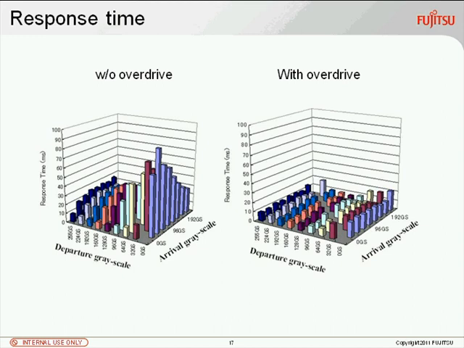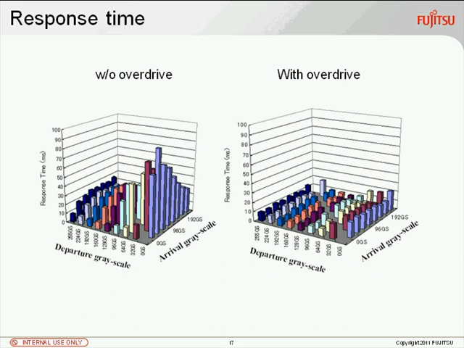Depending on which grayscale you switch to another one, the times can be very different. On modern displays, between white and black, it can be lower than 1 millisecond, but between black and a dark grayscale, it can be up to 20 milliseconds. So a huge difference, and this can cause a smearing picture in moving pictures, or even color changes in moving pictures.